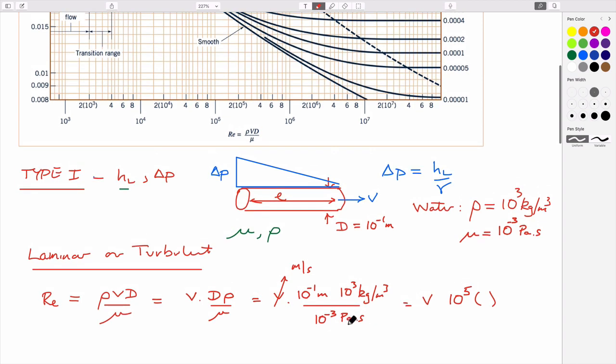Because Pascal is a Newton per meter squared, and a Newton is 1 kilogram meter per second squared. The force needed to give a kilogram an acceleration of 1 meter per second squared. So this will work out. So I guess this must be in units of seconds per meter. Because when you multiply it by meters per second, you get a non-dimensional number. So you could probably explore that yourself, but certainly that has to be the case here.